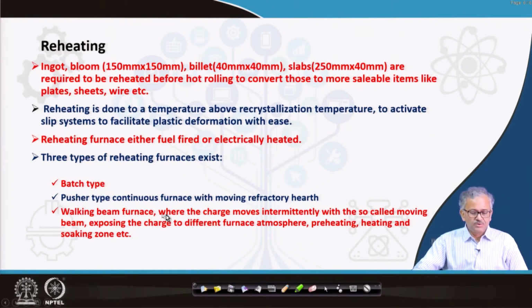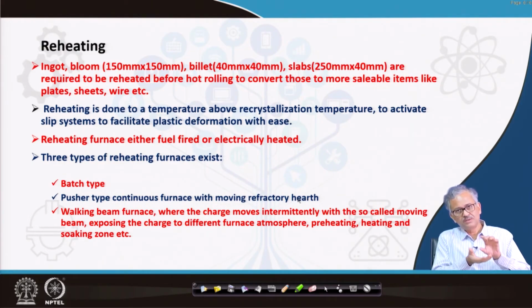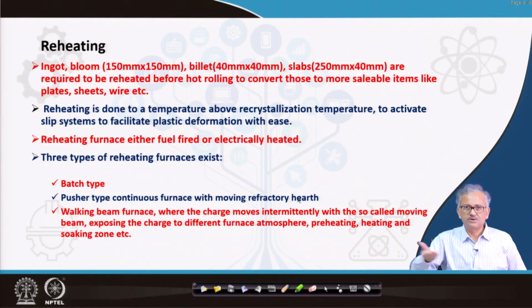Another is the continuous pusher type furnace with a moving refractory hearth. In this case a rotating hearth carries the object, which is laid on the hearth, from one end to the other, and during this process the reheating takes place.